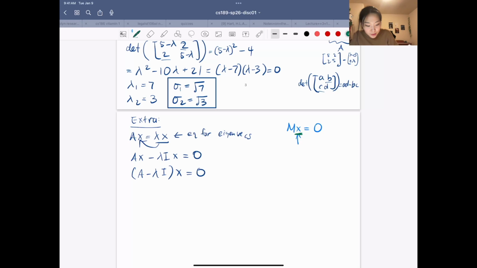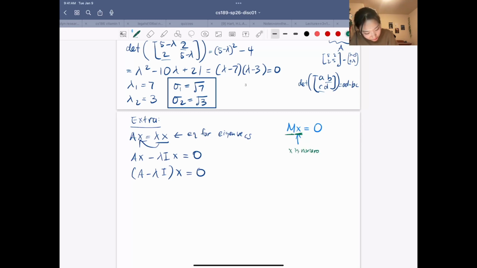Well, first of all, notice that if x was equal to 0, then this is a trivial answer, right? If x was the 0 vector, then M of 0 is 0, and that's great. However, our eigenvectors are non-zero. And so we want to try to find answers where x is non-zero.